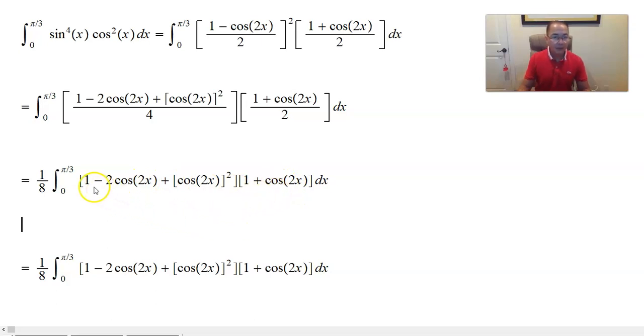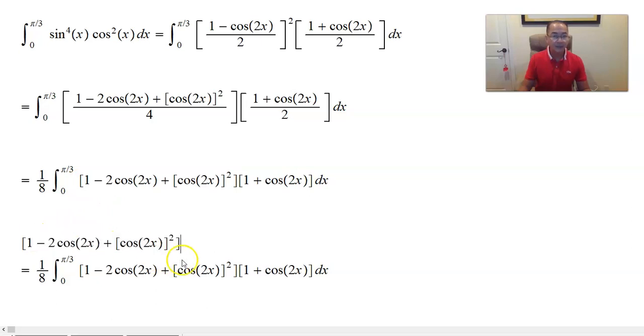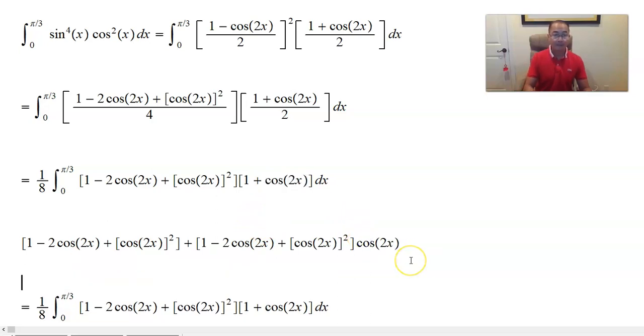So what we can do is take the first triple, multiply it by 1, which means nothing happens to it, stays the same. But we can take those same 3 numbers and multiply now by cosine 2x. Okay, we're okay with that?